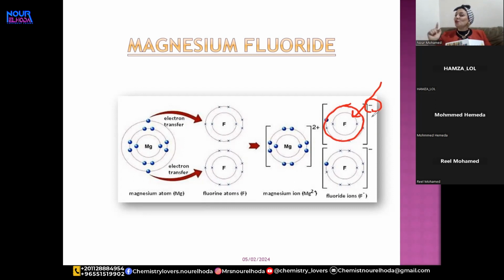Sometimes it's going to be more and more confusing. They are going to ask you to draw magnesium as a dot and fluorine as a cross. So if he asks you, you need to do what he said. It's not common, honestly, but you need to read the question once or twice.